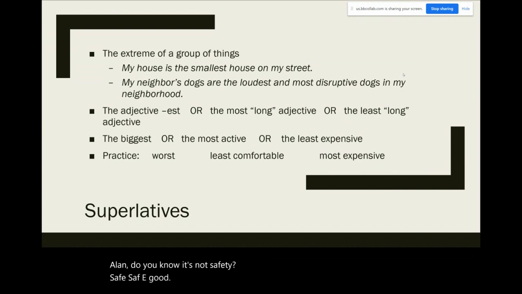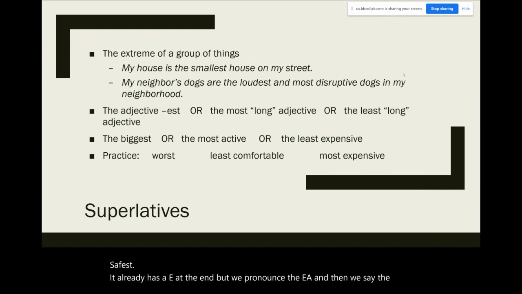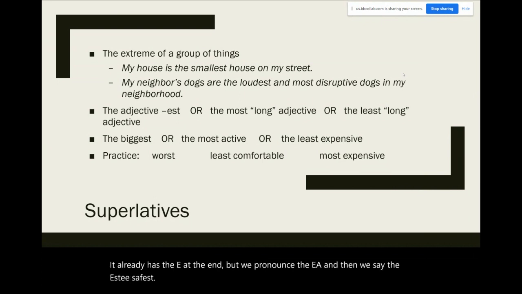So for safe, we're going to add the ST. Safest. It already has the E at the end, but we pronounce the E, and then we say the ST. Safest. Okay. So Carolina, can you say your sentence again?